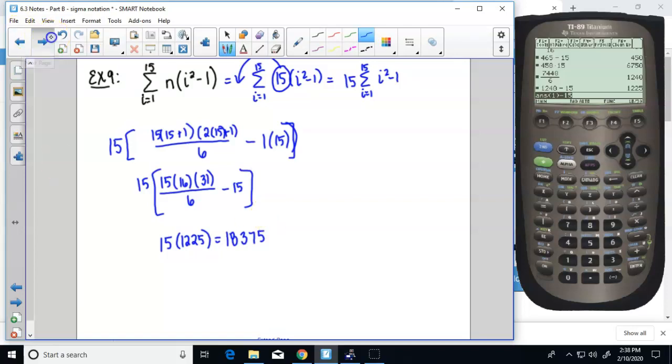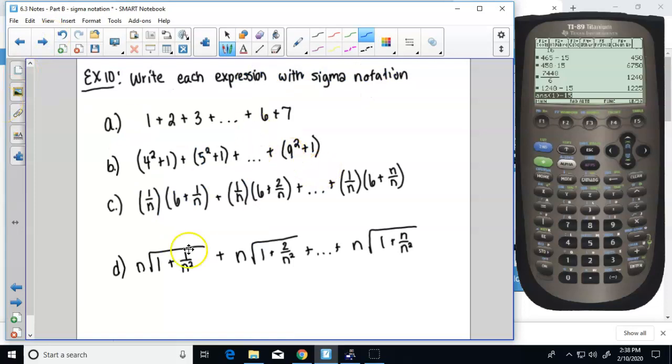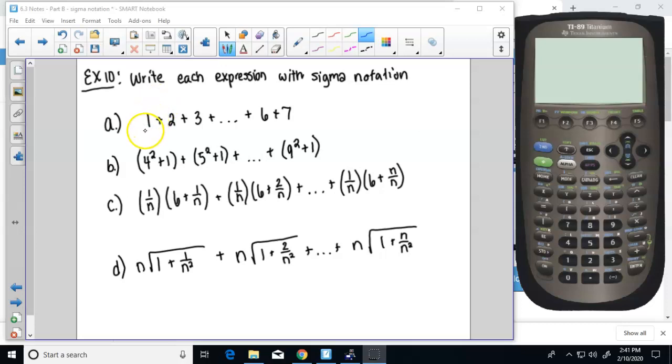Alright, I've got one more thing that we need to do. I'm going to give you a second to copy these down, and then we're going to write these expressions with sigma notation. There is a number that is increasing by 1. I don't think we'll get into the more difficult ones where they're odd numbers or even numbers, but like here clearly we see this is just 1, 2, 3, 4, 5, 6, 7, right?